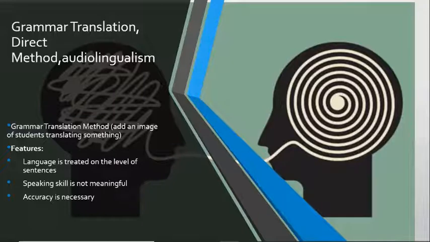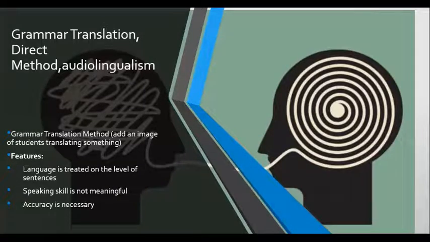The grammar translation method was in the 19th century, at the beginning, and it was the most common way of learning a foreign language. It worked through a printed list of vocabulary where the students use a dictionary and try to look up the meaning. I'm not sure if you remember what was happening with grammar translation.